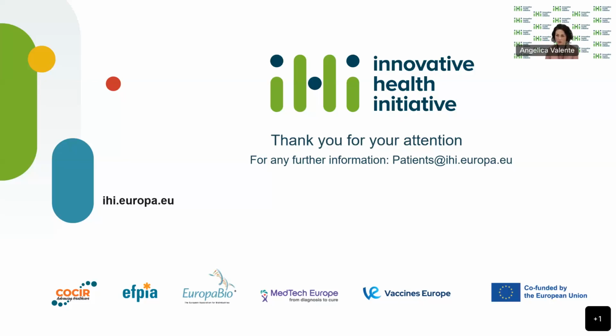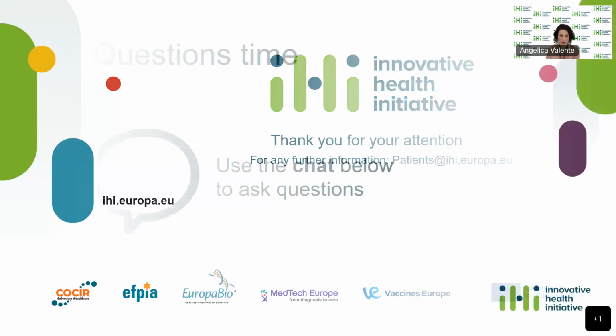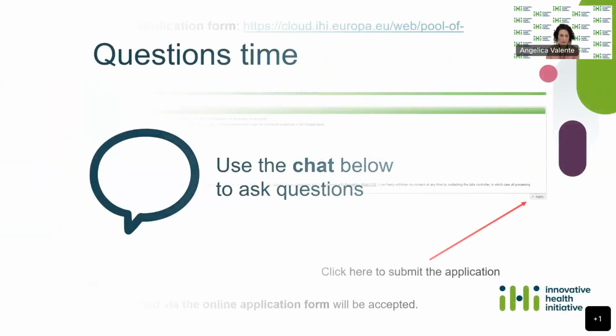And we have a question from Alessandro, asking: do we need to provide evidence for our chronic condition, or is it just a self-declaration? No, you don't have to provide any documentation, but at the end there is a declaration where you have to tick the box. I will quickly go to that.